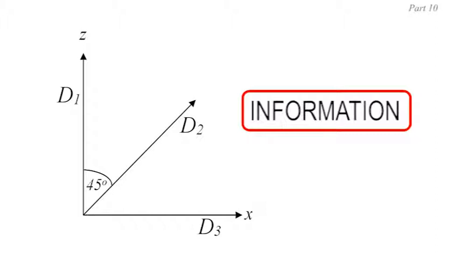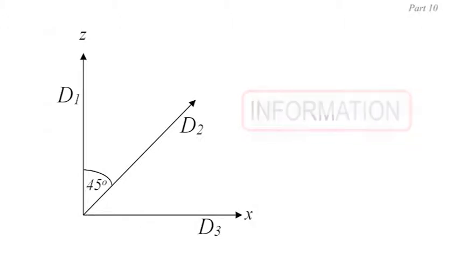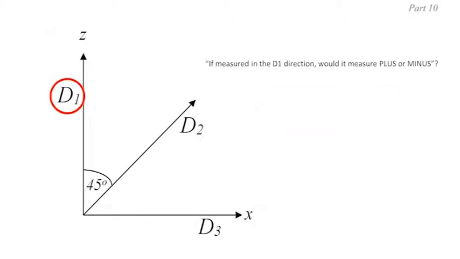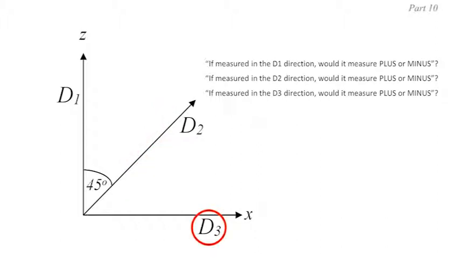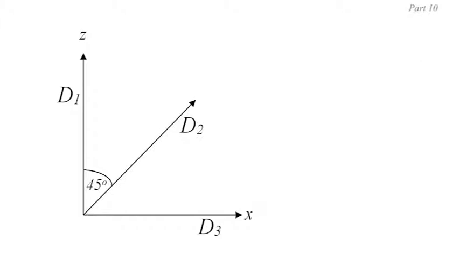It must have that in this hidden variable model. The three dichotomous questions are really: if measured in the D1 direction, would it measure plus or minus? If measured in the D2 direction, would it measure plus or minus? And if measured in the D3 direction, would it measure plus or minus? Anyway, this should become clear as we work through things.